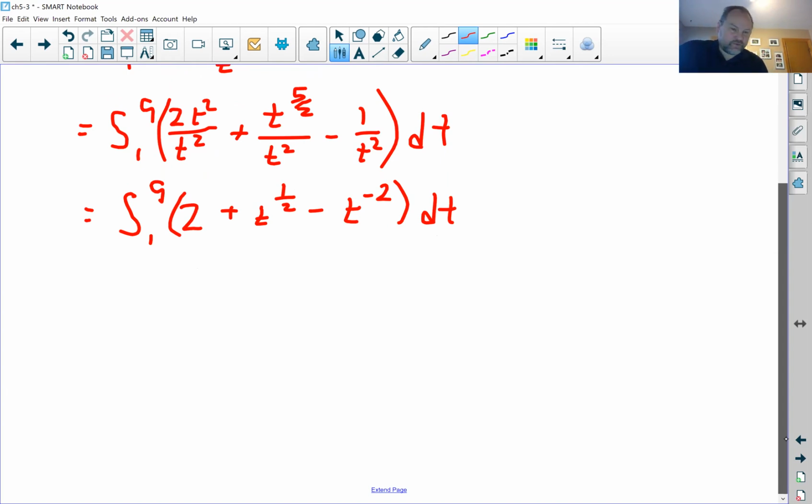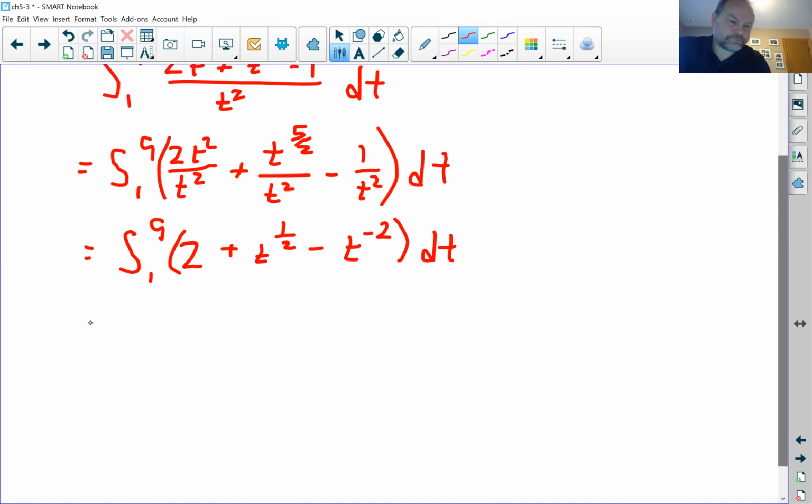Now I can take the integral. The integral of 2. Let's see, if I think of what function when I take its derivative gives me 2, that would be 2 times my variable.